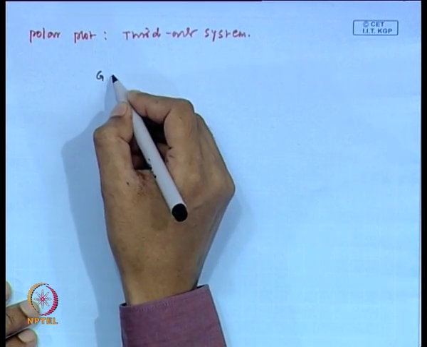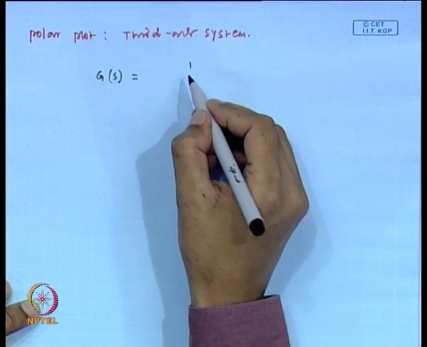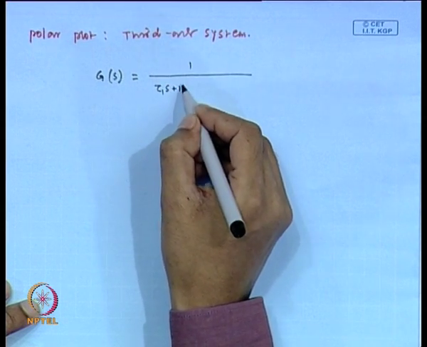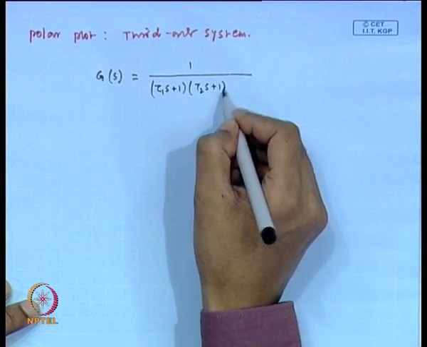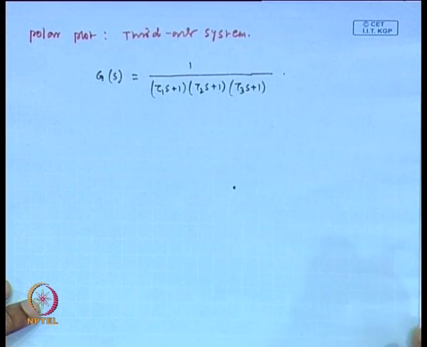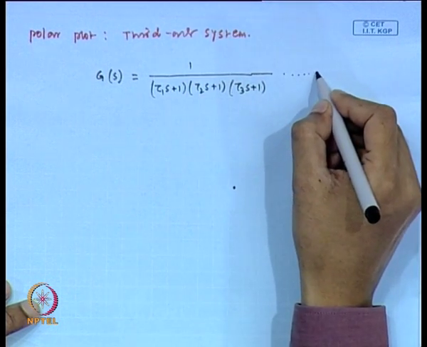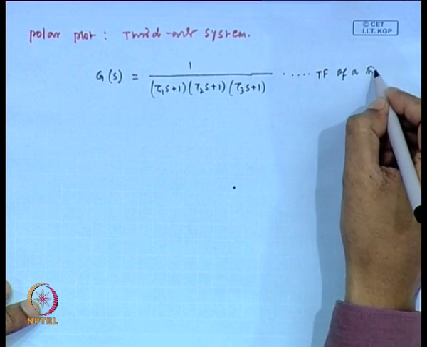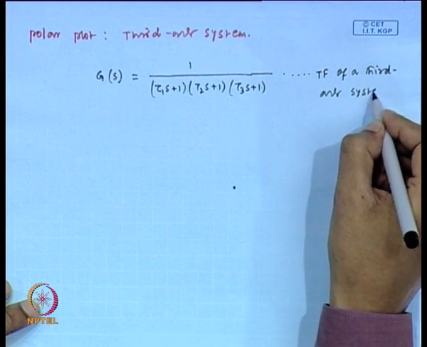The transfer function of a third order system can be written as 1 divided by (tau 1 s plus 1)(tau 2 s plus 1)(tau 3 s plus 1). This is the transfer function of a third order system.